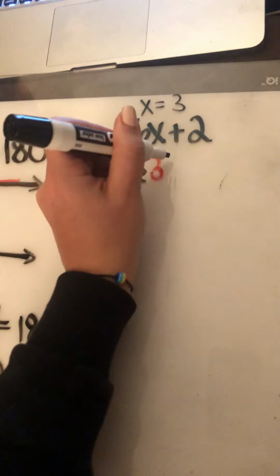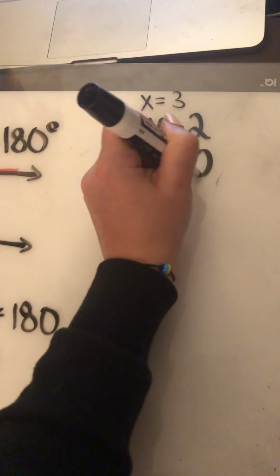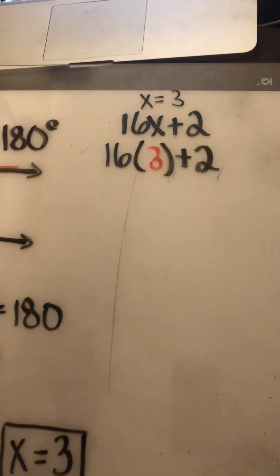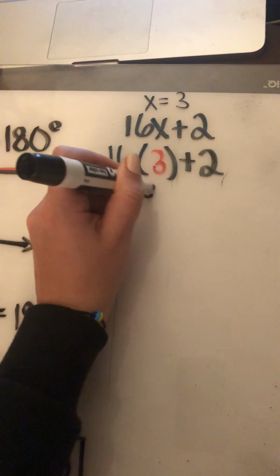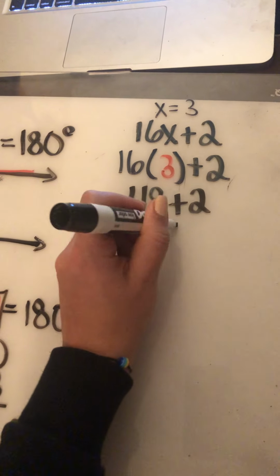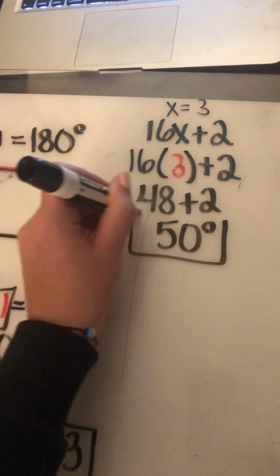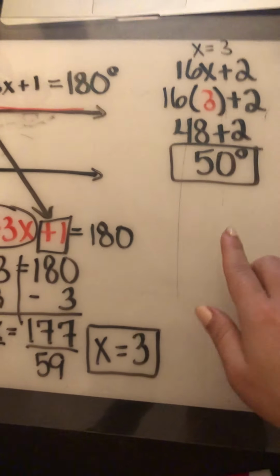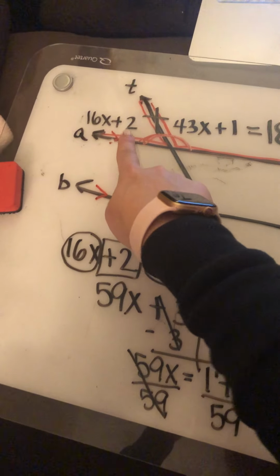That's a little ugly, but that's okay. You guys see it. Plus 2. Okay, so 16 times 3 is going to give us a product of 48. And then plus 2 will give us an answer of 50 degrees. So the second question in your exit ticket is going to say, okay, now solve for this angle. So this angle would be equal to 50 degrees.